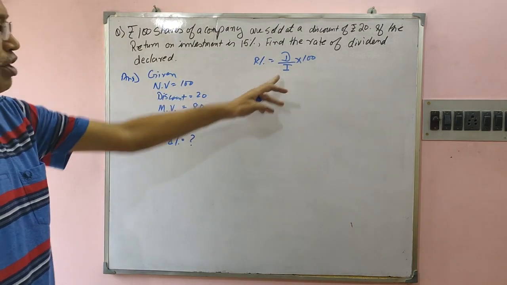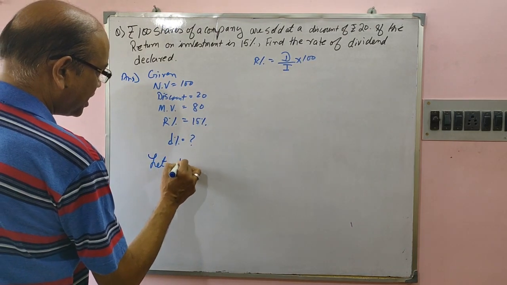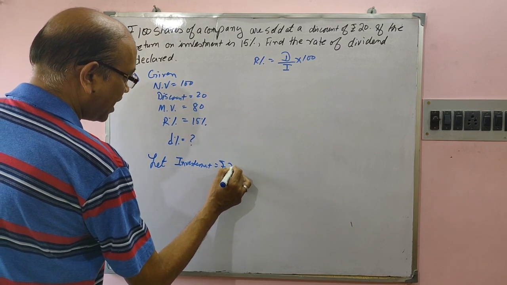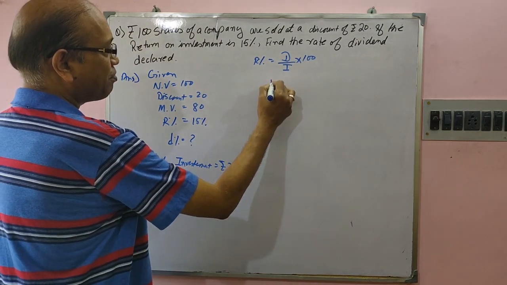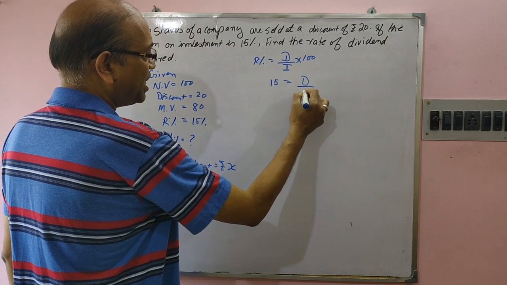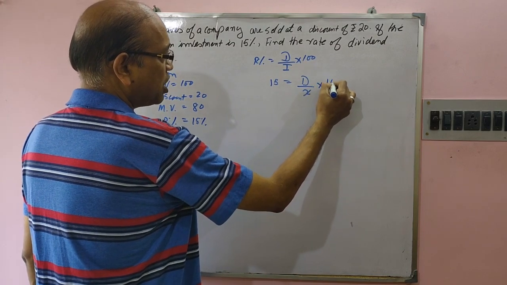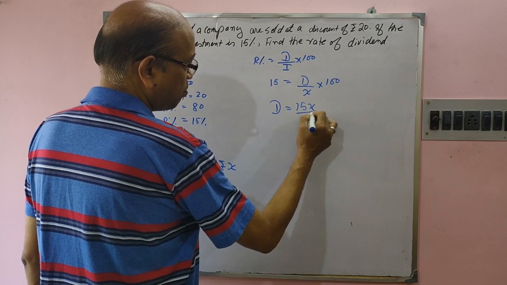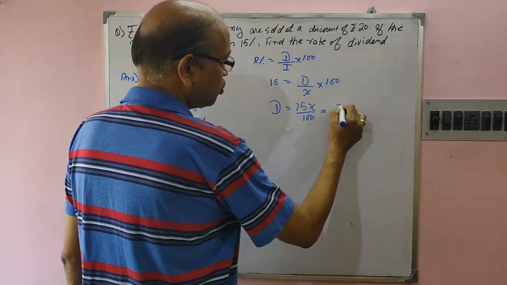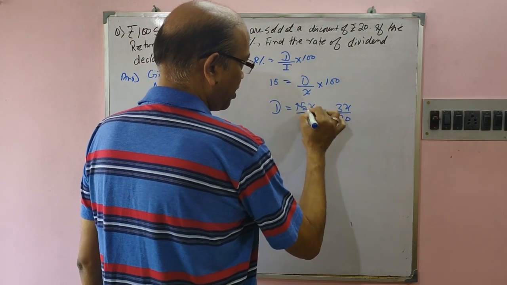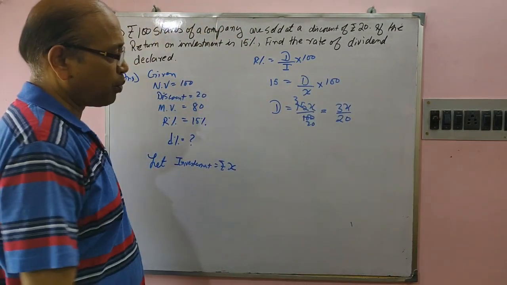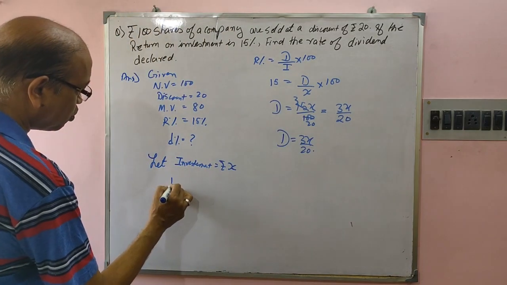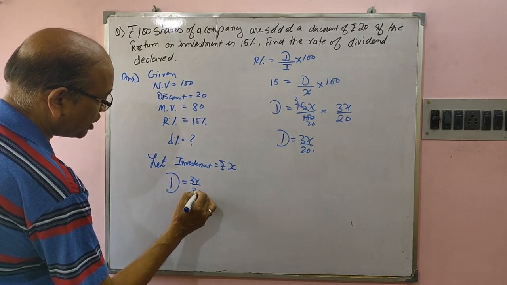Therefore, let investment be rupees X. Therefore, 15 is equal to dividend by X into 100, or dividend is equal to 15x by 100, or 3x by 20. Therefore, the dividend is 3x by 20.